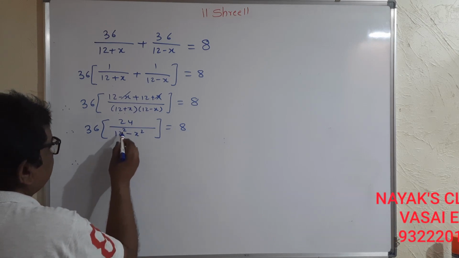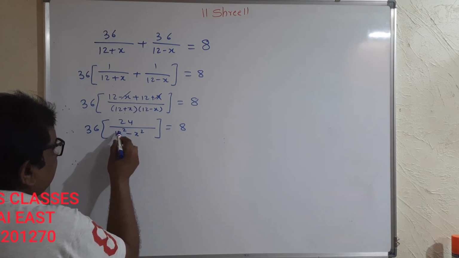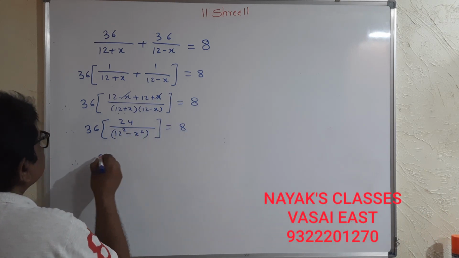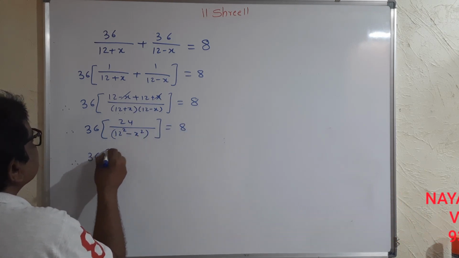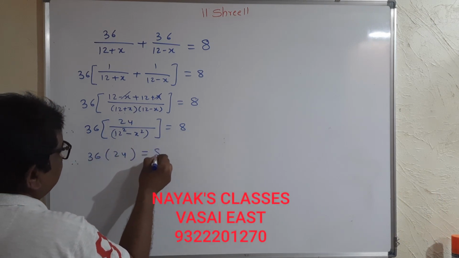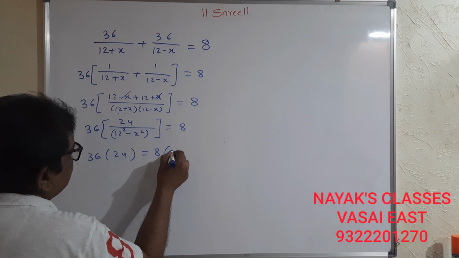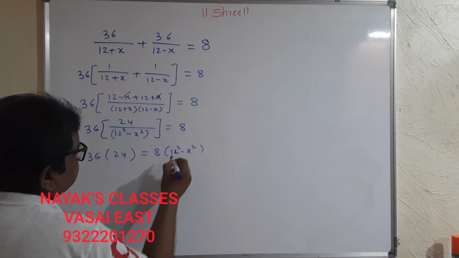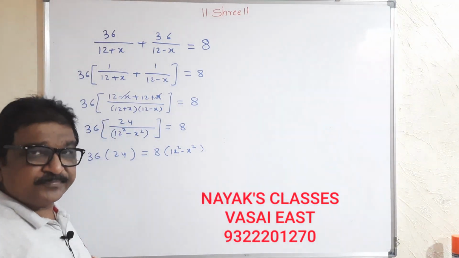Therefore, now taking this identity to this side, so 36 into bracket 24 is equal to 8 into bracket 12 square minus x square. Okay.